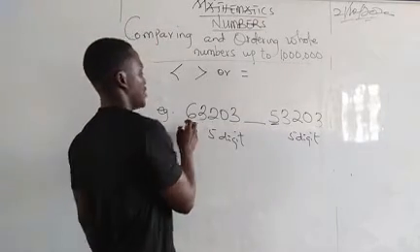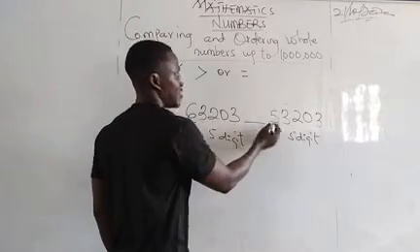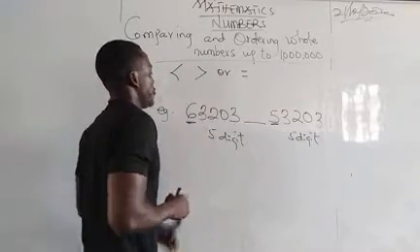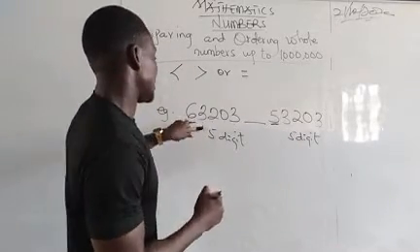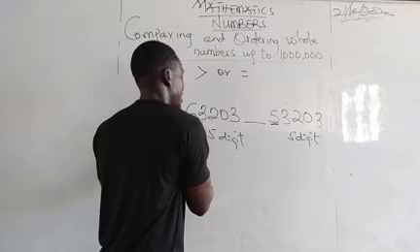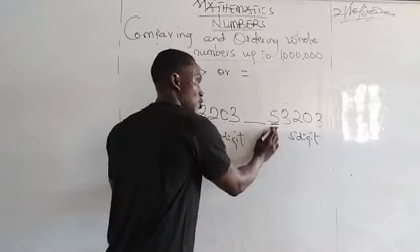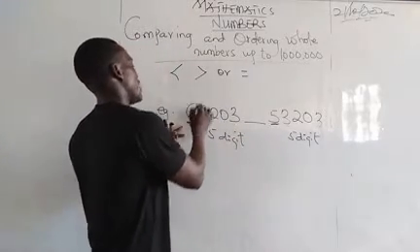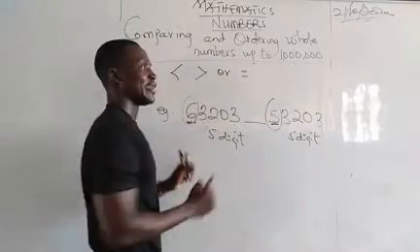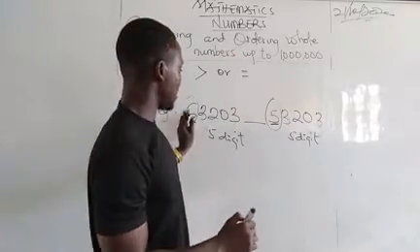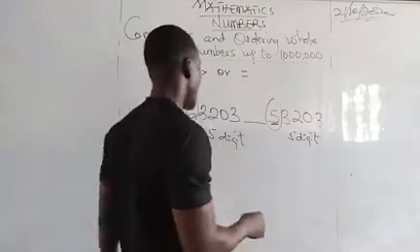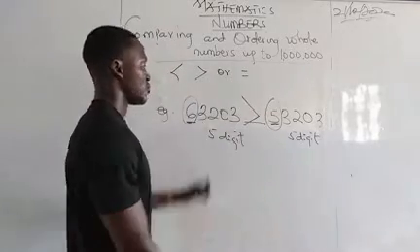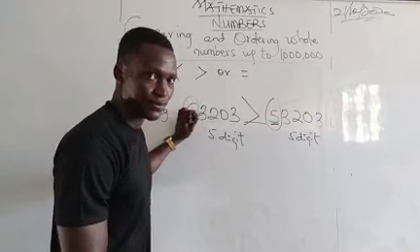Let's check whether the 6 is greater than 5 or 5 is greater than 6. We know that 6 is greater than 5. So with our first digit, we know that 6 is greater than 5. Now we just write our sign opening towards where the 6 is.